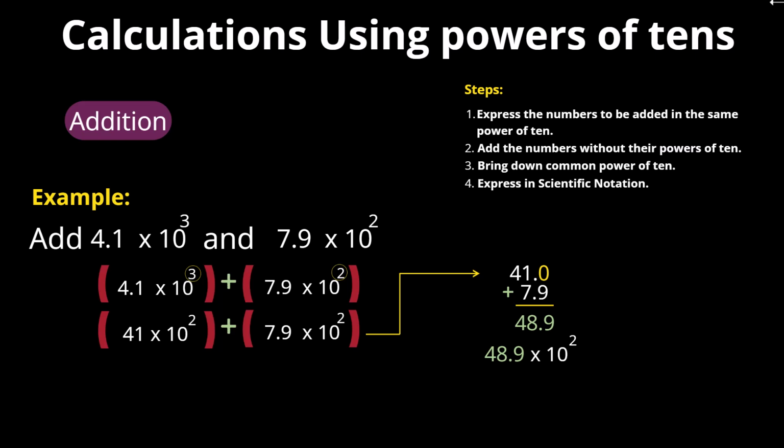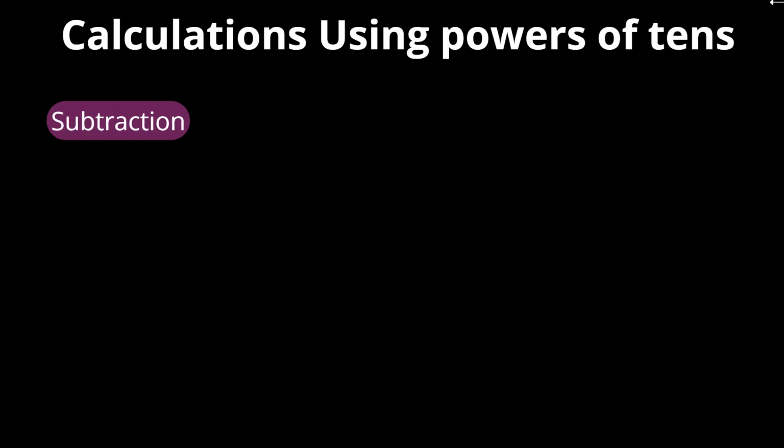When a number is expressed in scientific notation, we have a decimal and a digit to the left. So if we put the decimal, that will be 4.8, and we move 1 to the right, that will be 4.89 times 10 to the 3rd power. That's our answer. Now let's talk about subtraction.